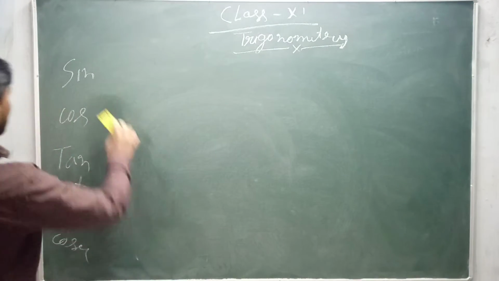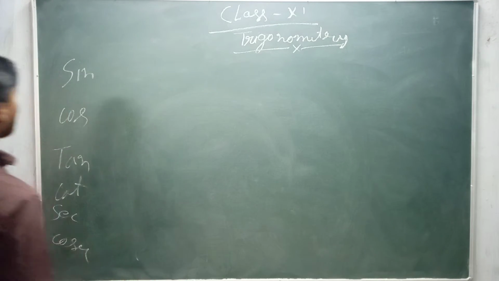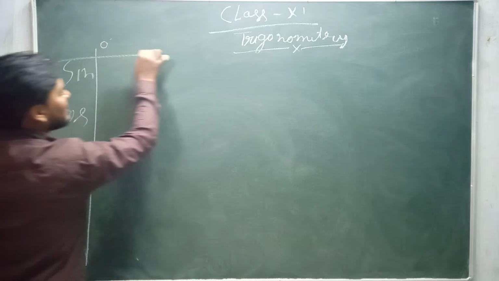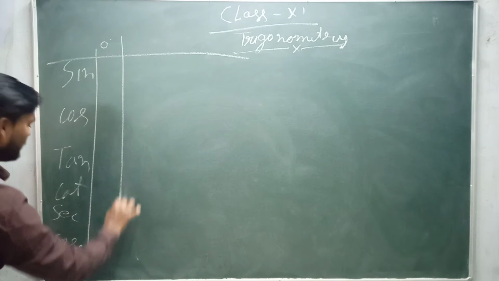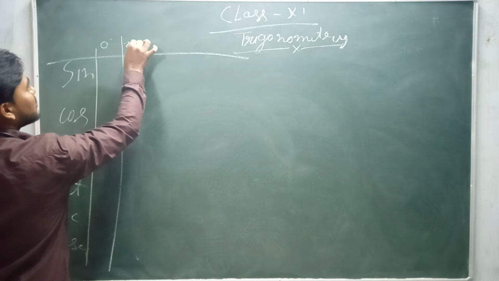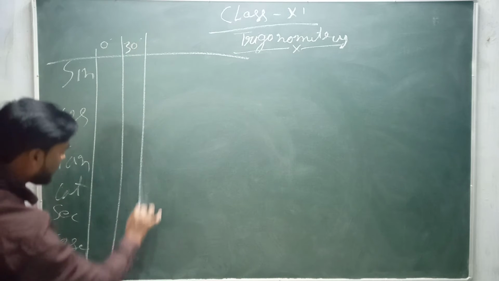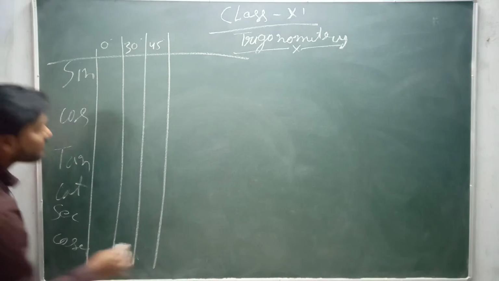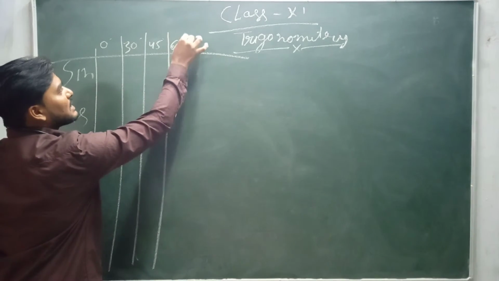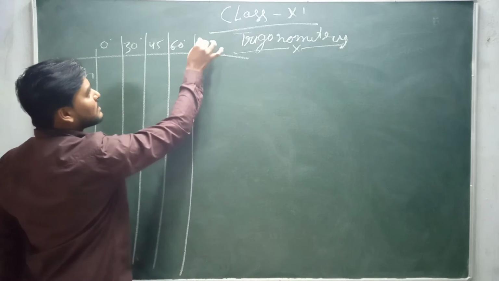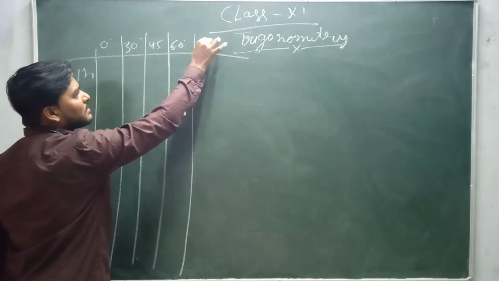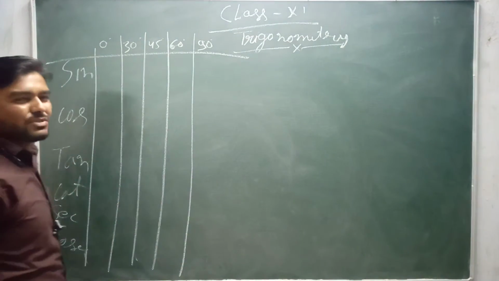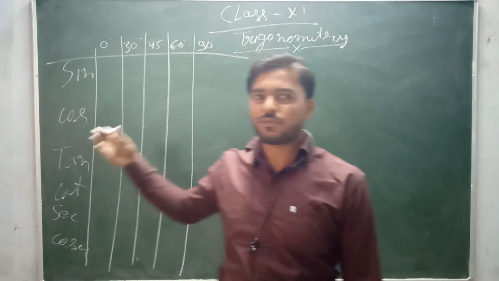Now for 0 degree, 30 degree, 45 degree, 60 degree, and last is 90. I am writing directly; there is no need to explain where these values come from.